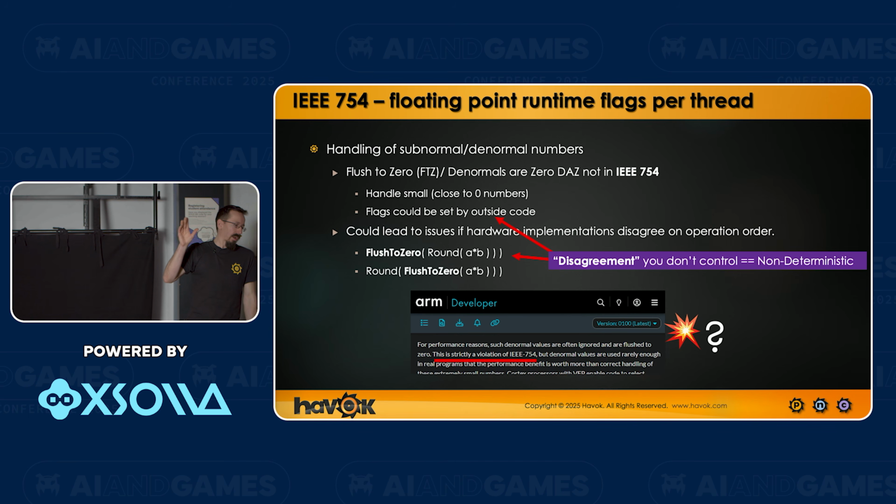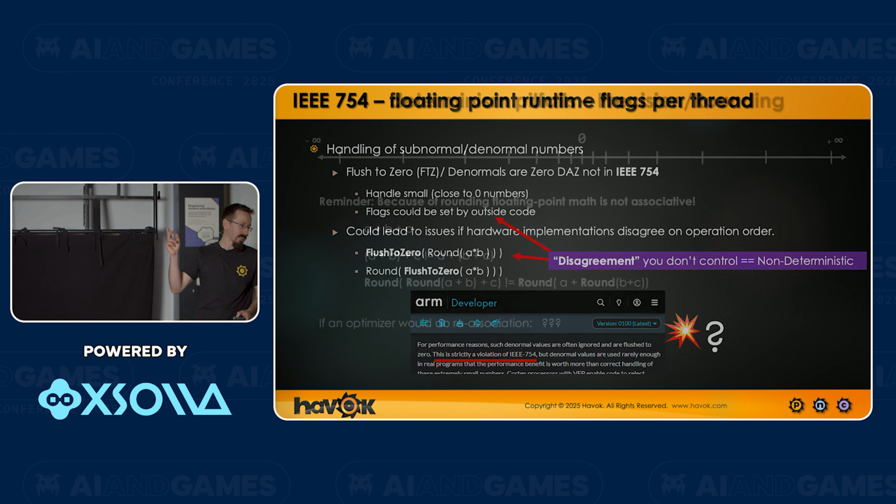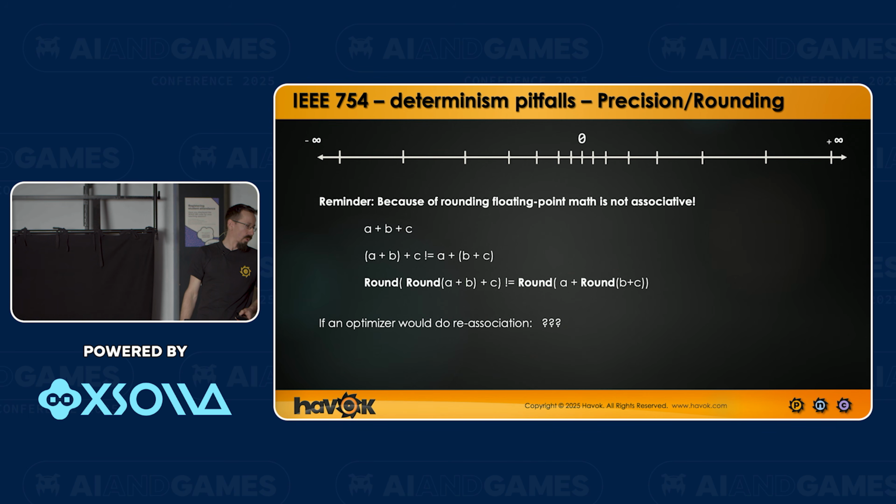And there could be a disagreement, though, in how this flushing happens. So you need to take care if you use this flag. And there is also from the ARM developer page, I don't know if you can read it, but it says this is strictly a violation of IEEE 754, which doesn't sound that great. So be very careful with these flags, and you need to know what you're doing.